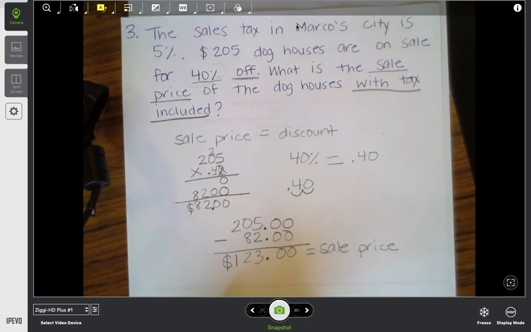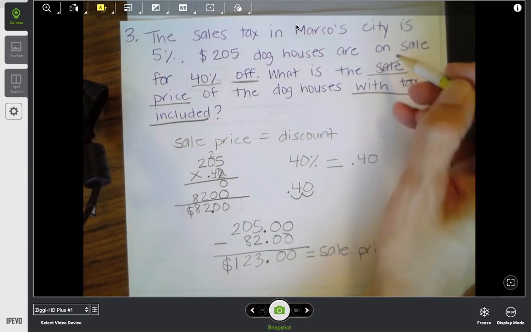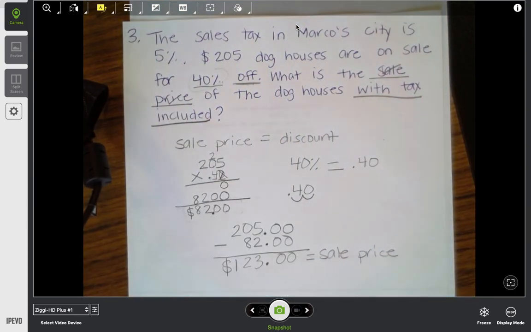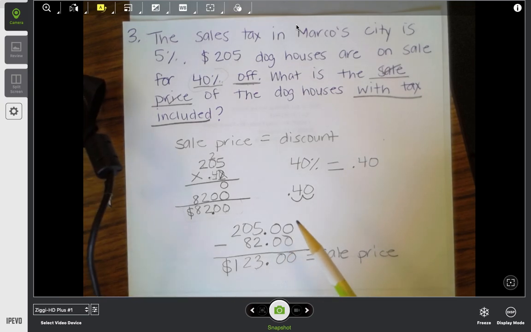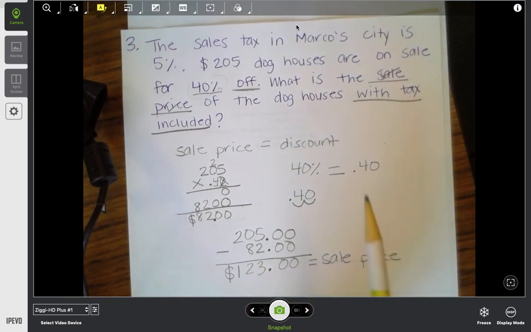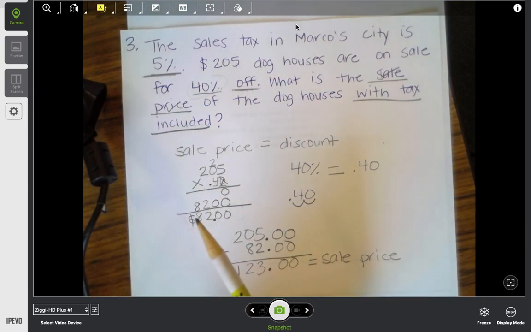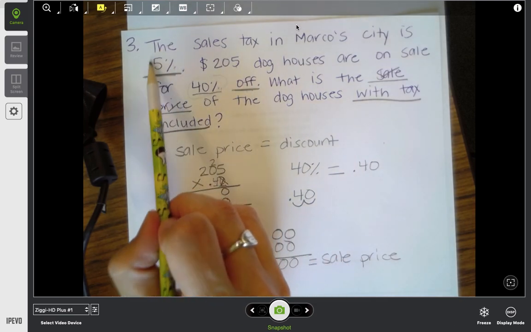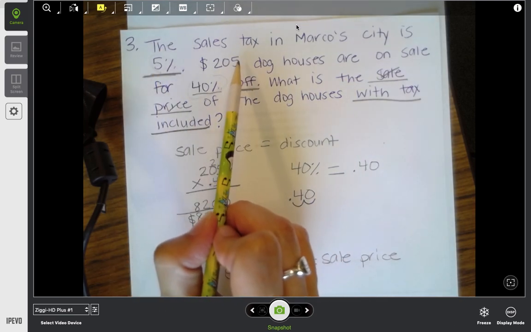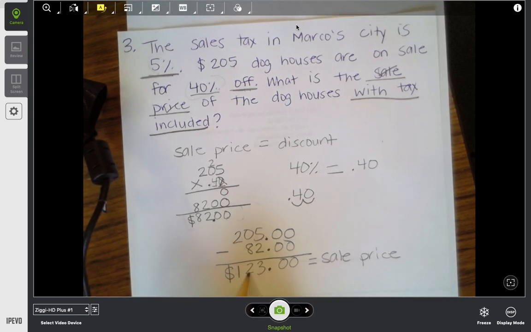Now, I'm not finished. So I know what the sale price of the doghouse is, but I have to include tax. So when I go back and think about what I know about tax, I know that sales tax is 5%. So that means I have to find 5% of this whole amount, because this is the part that I'm paying.